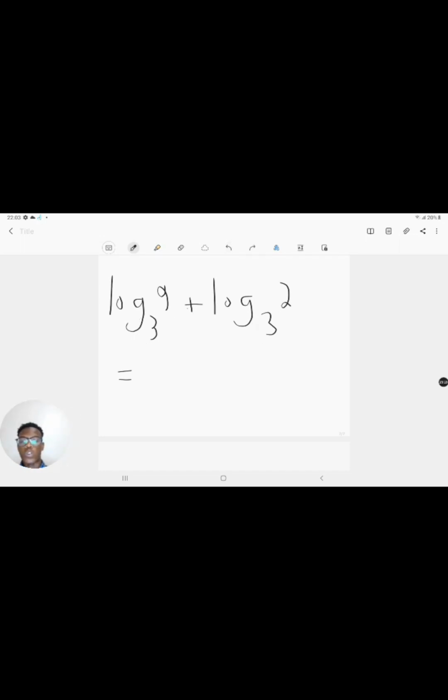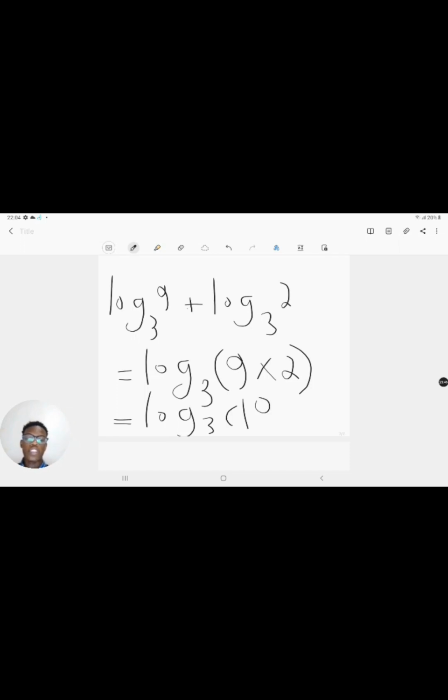So you use the same log, you use that base, and then you multiply these two numbers together. The two numbers are 9 times 2. So your answer for this example will be log base 3 of 18.